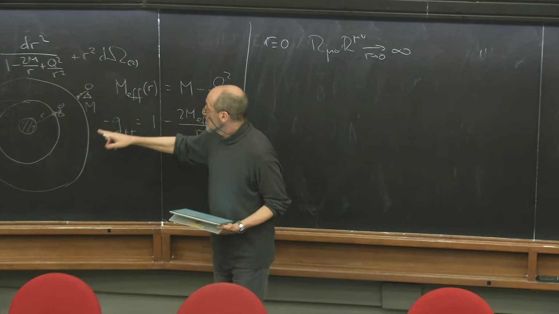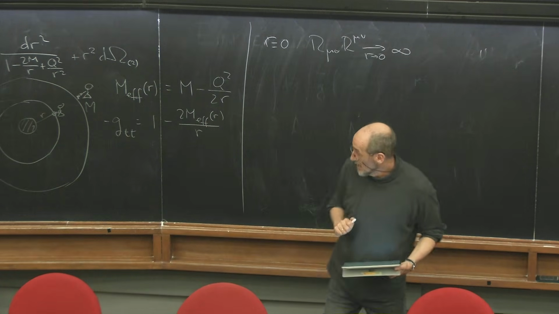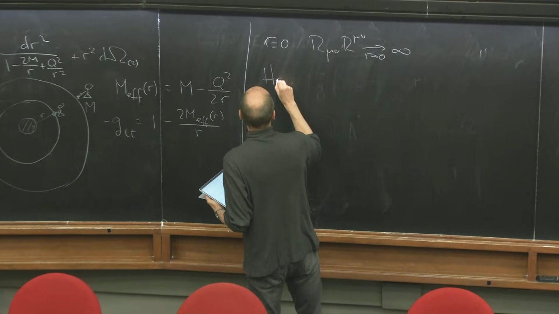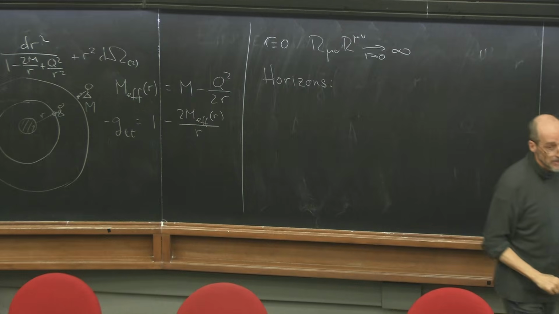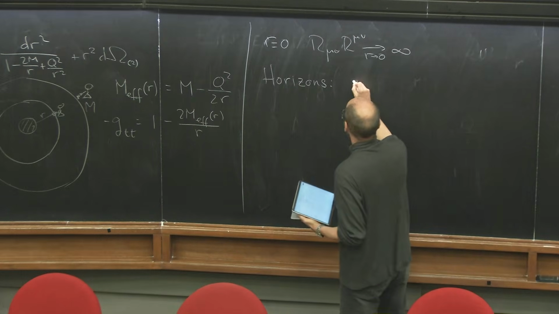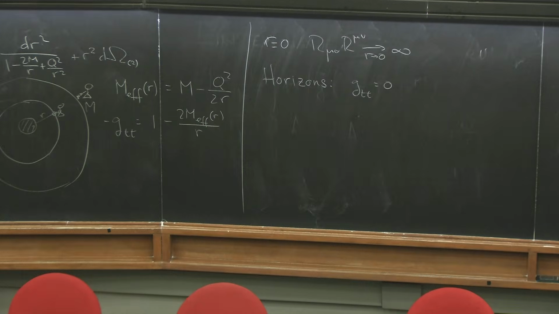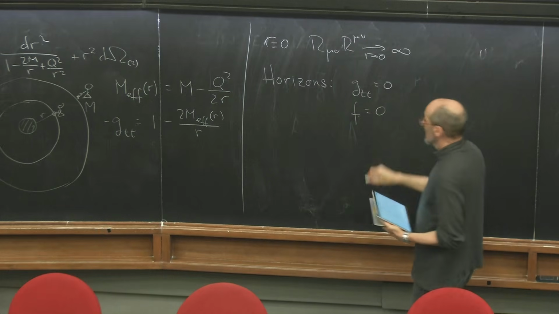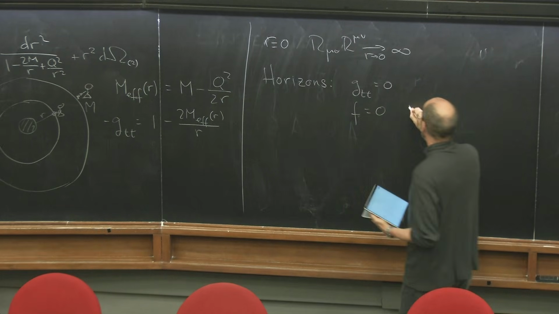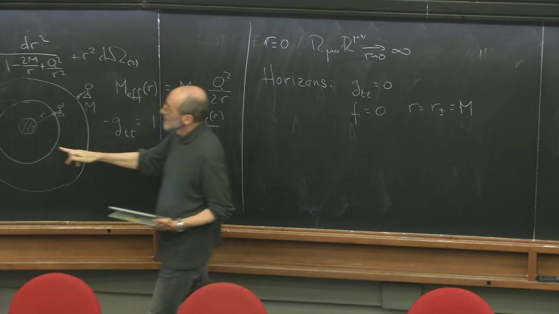But then there are other places where this metric coefficient shows funny behavior, and those will be horizons. For a static solution, you can look for horizons as places where the potential vanishes, where you have infinite redshift. This corresponds to having the function that we had over there, f equals 0. You have to solve this to be 0.